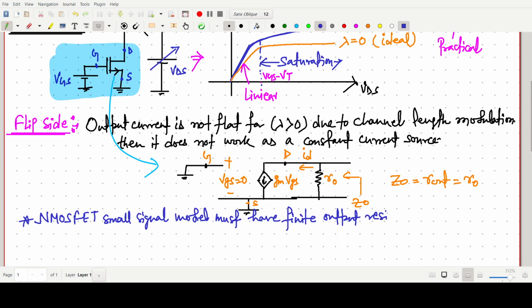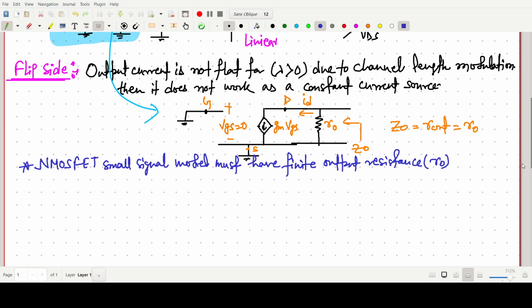That is our R naught here in this case, or Z naught output resistance. So to improve the current source, we have to increase the output resistance.